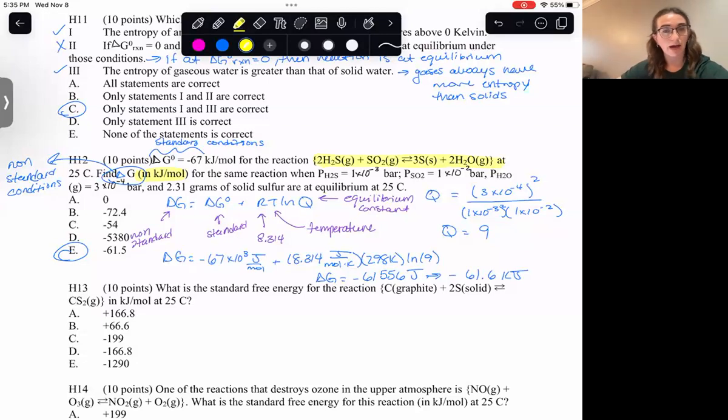You don't have to go back to kilojoules from joules, but it's really just a personal preference. You just have to recognize which one you have to change if you are looking to do that. Sorry, that's not a very straight up answer, but any other questions on 12?